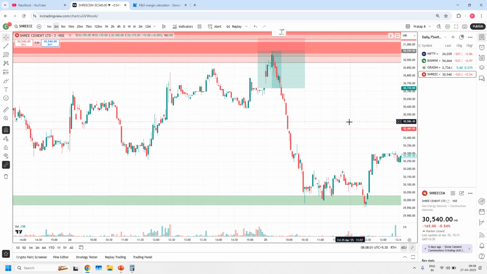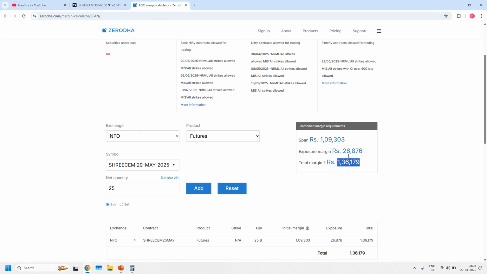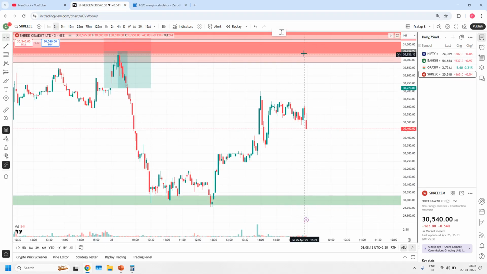Why? Because this is the closing price here, right? Now if you want to go for a long or short in this position, the money you have to invest is 1,36,000. But we took the trade a little above. When prices are moving up, the margin value also increases.